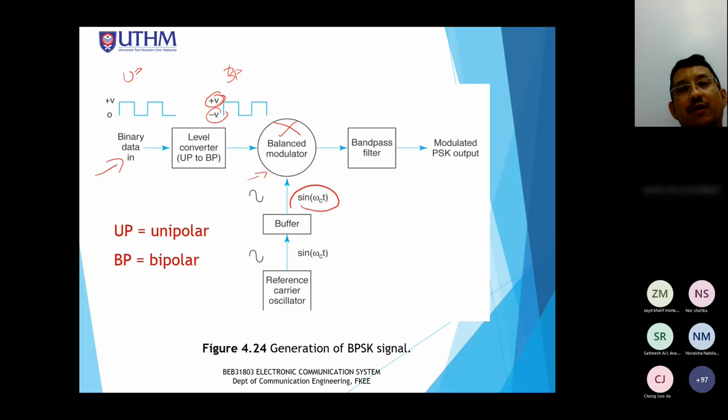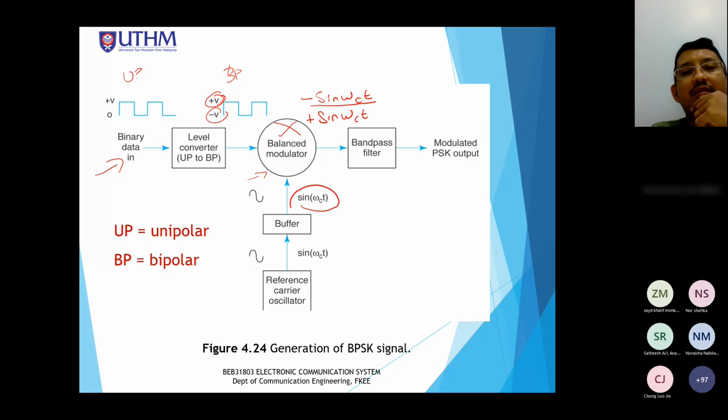Okay, so positive one or negative one, for example. So the output here is either negative sine omega_c t or positive sine omega_c t. Okay, so if the input is logic 0, we're gonna produce negative sine.